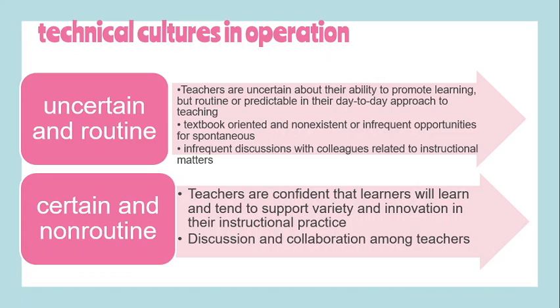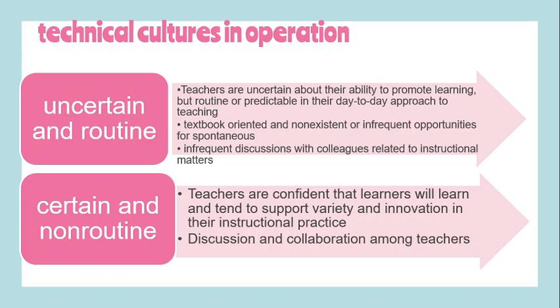And then also a criterion of uncertain and routine culture is that there is no or infrequent discussion with colleagues related to instructional methods. And this condition is different from certain and non-routine technical cultures.